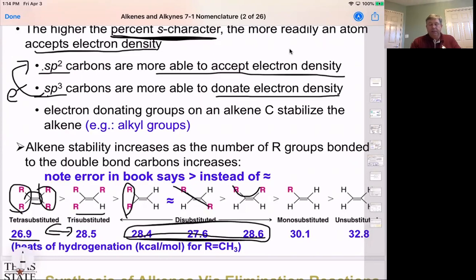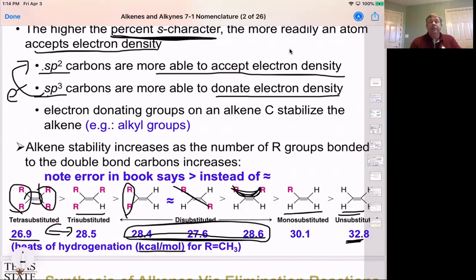So this is disubstituted, and it has mostly to do with the ability of those sp3 carbons to donate to it. And there's a little bit having to do with the sterics of this right here. And then if we go to monosubstituted, which would be a terminal alkene, versus ethylene, which would be the least substituted possible, is the highest heat of energy in kcals per mole.